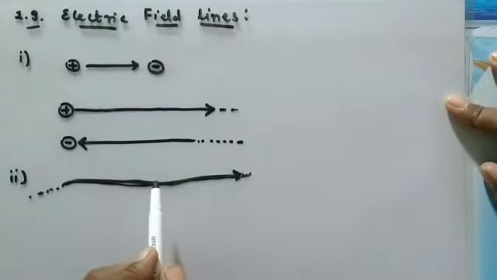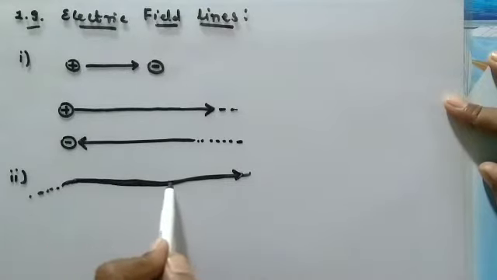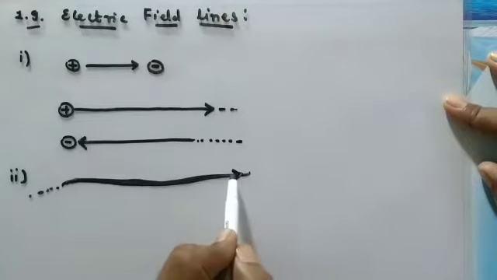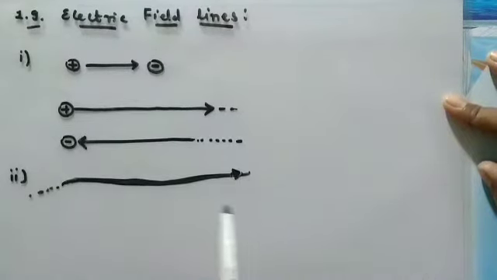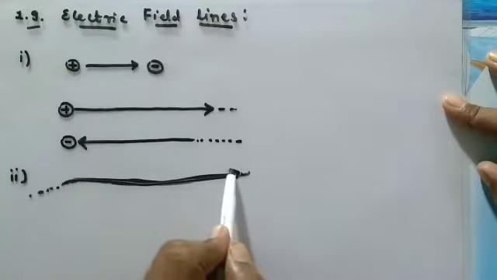But if there are some other charges also around it, then these field lines can be curved also. But the main important thing is that it is continuous. It cannot be a broken line. The curve is a continuous curve.